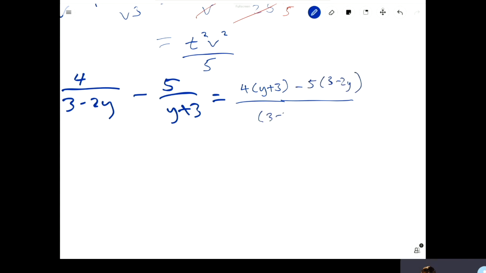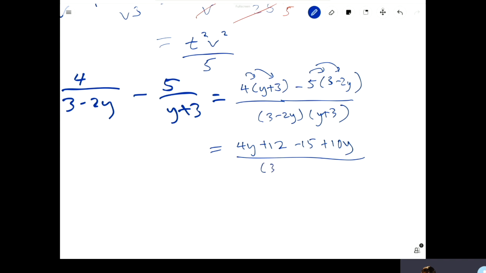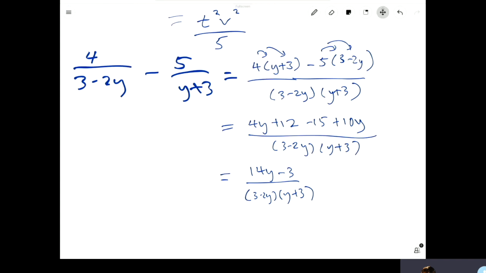So we will have 3 minus 2y, y plus 3. Okay, so we just combine them. Then 4 times y plus 3, minus 5 times 3 minus 2y. So 4y plus 12 minus 15 plus 10y divided by 3 minus 2y, y plus 3 equals to, so you evaluate 4 plus 10 is 14y minus 3, over 3 minus 2y, y plus 3. And that's all. Easy enough. Yeah. Nothing else to do, right?